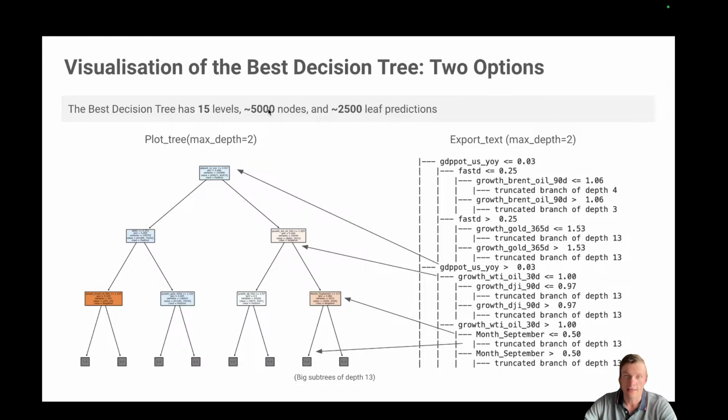And this tree has approximately 5,000 nodes. That's the number of nodes on the levels that are not leaves, that are not final predictions, and 2,500 leaf predictions. And you can think about these nodes as parameters. So you need to adjust these parameters.